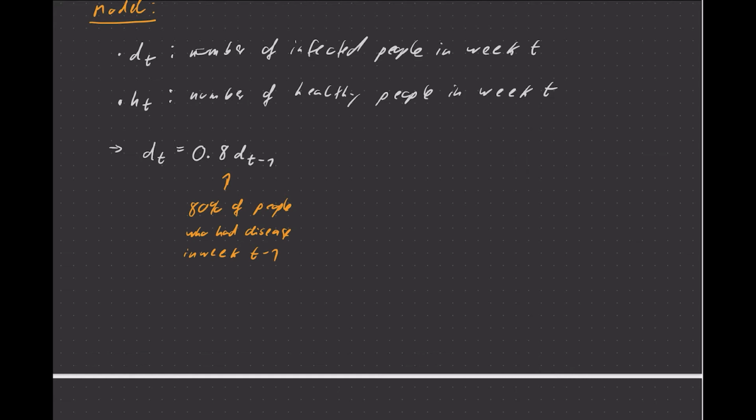And then there's people that become newly infected, and we assume that 10% of the population that is currently healthy will be newly infected each week. So that means we add 0.1 times the number of healthy people in the previous week. So 10% will be newly infected.